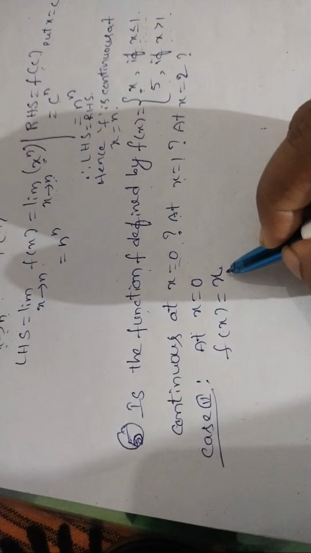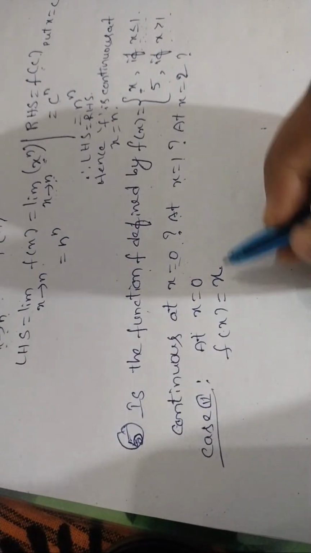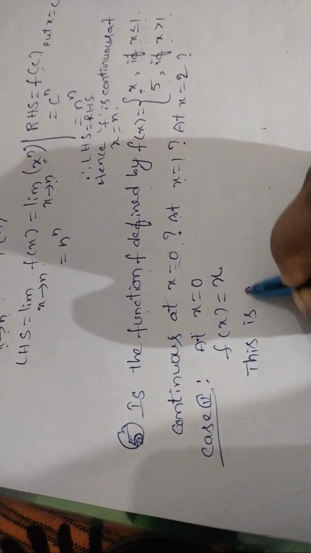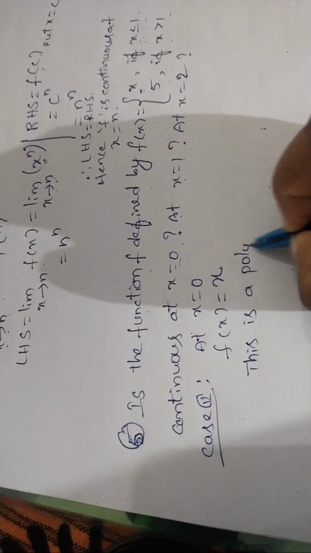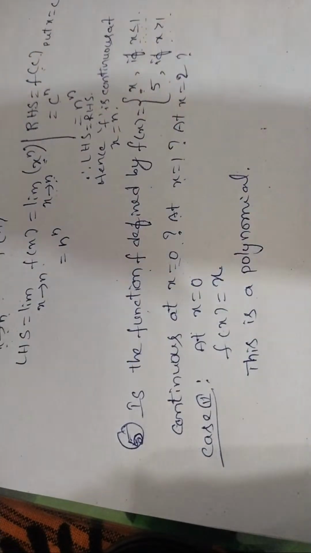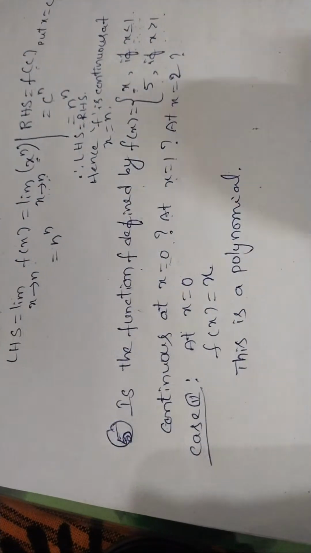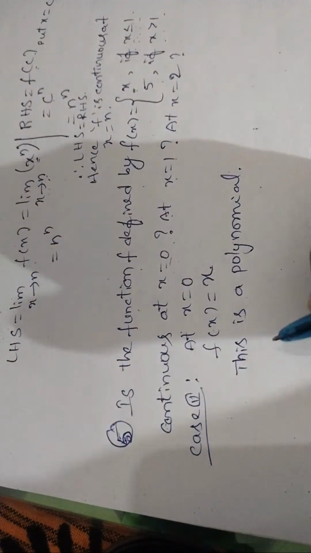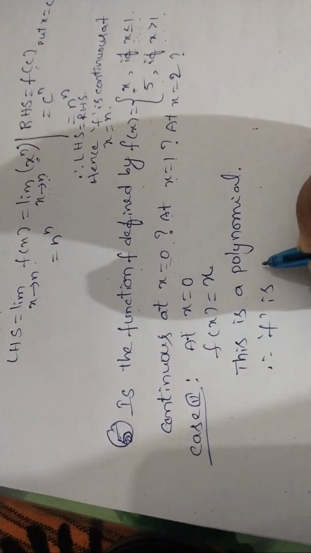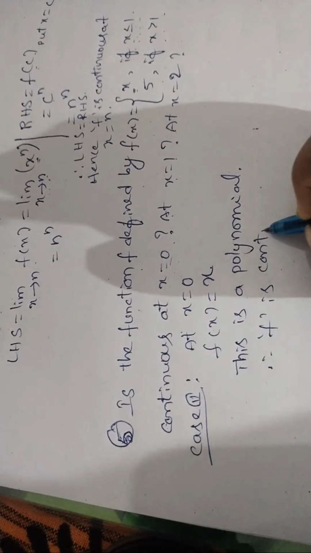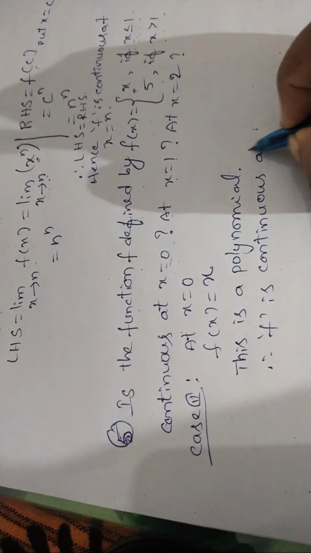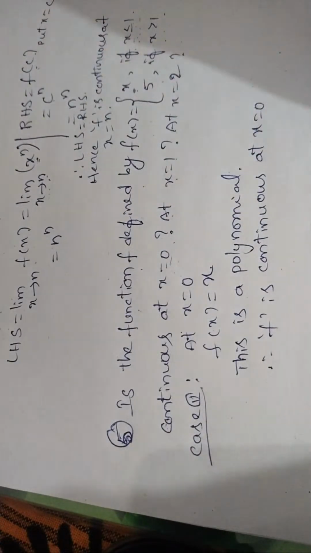Now if you observe, x is a polynomial function, and when the function is polynomial, then it is continuous. Therefore, f is continuous at x equals 0.